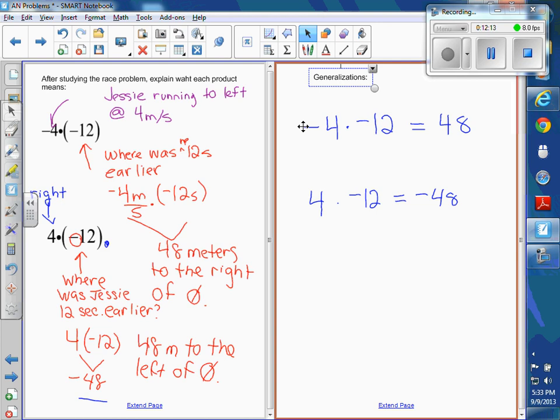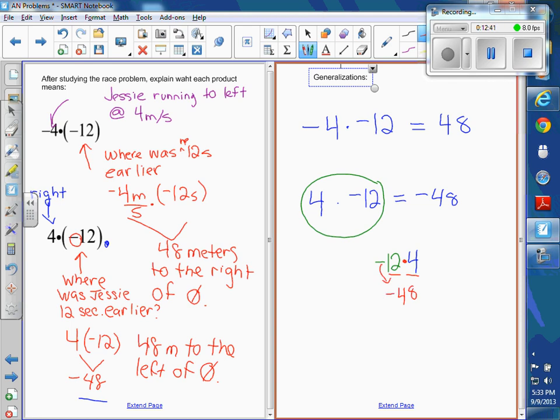And what I like to think of is, here are two numbers, 4 and negative 12. Okay, let's look at these two. So one number is negative 12, and the other number is 4. If I multiply these two numbers together, I use a dot for multiplication. I can think of this first as just 12 times 4, and that's 48. And the negative just is the opposite of 48.